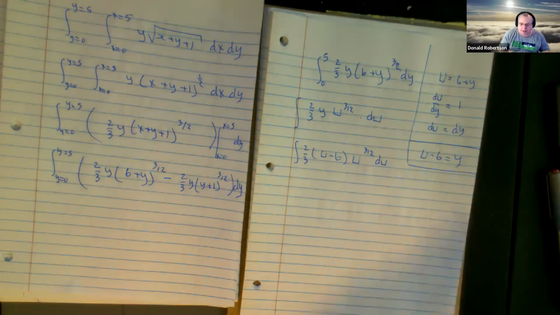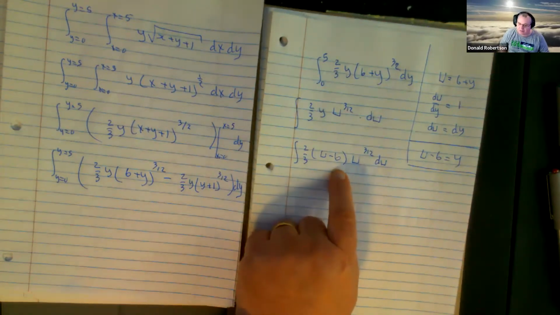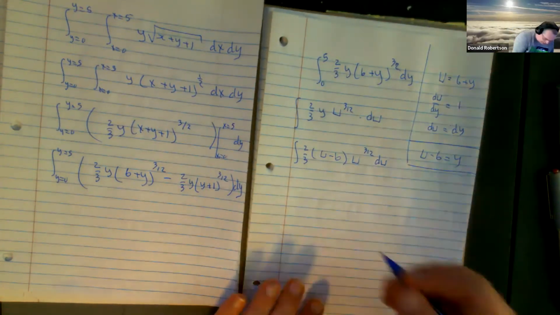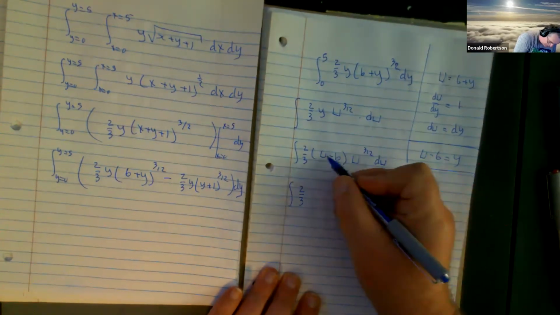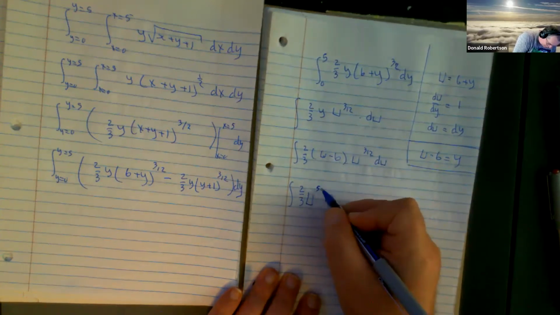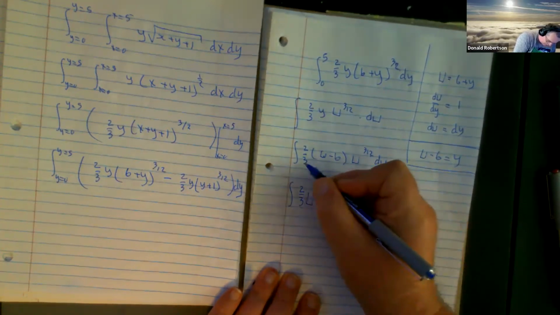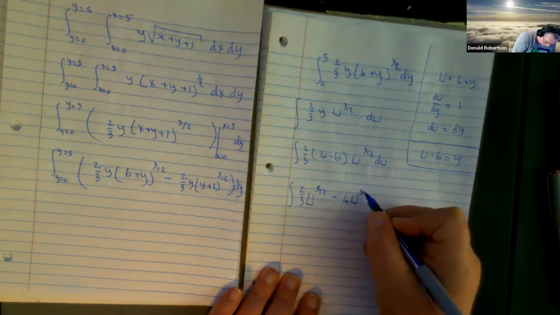And you might think, hey, all you've done is turn one ugly integral into an equally ugly integral. Not actually the case. If you multiply this by 2/3 and then by that, you get 5/2. If you multiply that by that, you get take away 4 u to the 3/2.